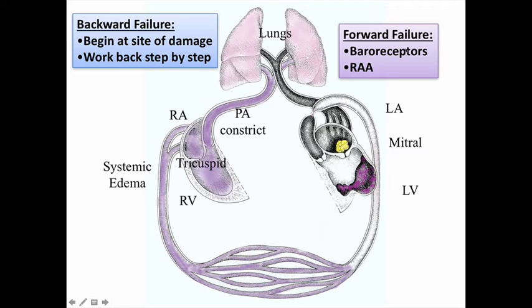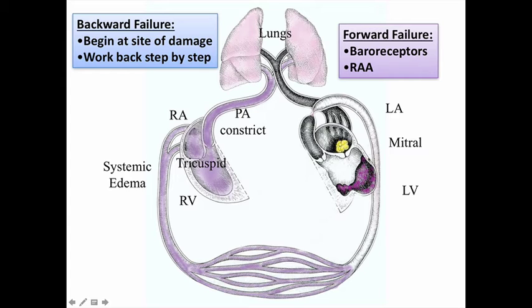So that's forward failure. Backward failure is basically tracing the disease as it progresses. So you start at the site of damage, which almost always is going to be the left ventricle. It could be this valve. It could be this valve too, but it's somewhere in here. And then the left ventricle hypertrophies. It dilates in response to the fact that it's being stretched.